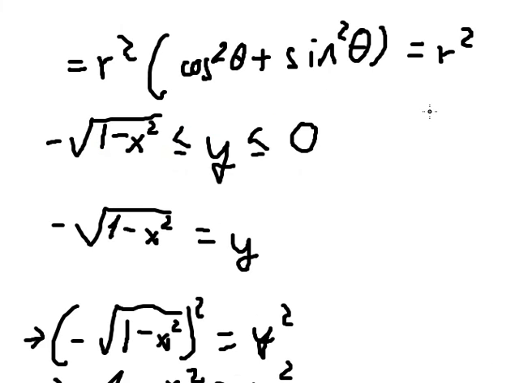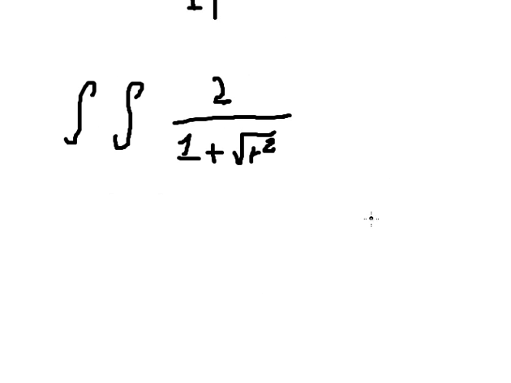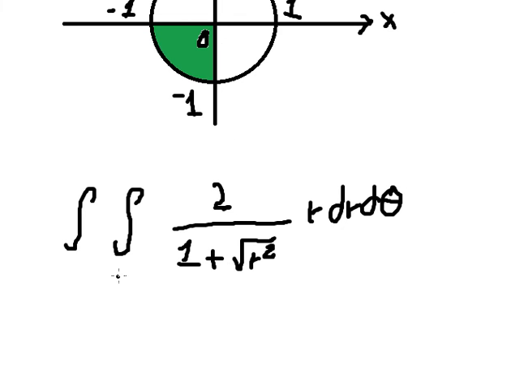Dy dx we need to change to r dr d theta. The next one, dr, is the radius of the circle. So that should be from 0 to 1. 1 is the radius of the circle.